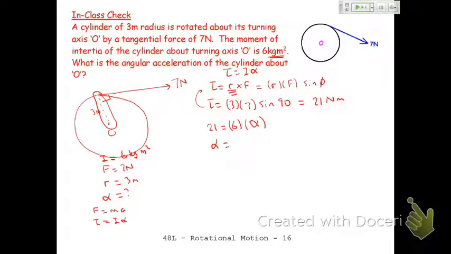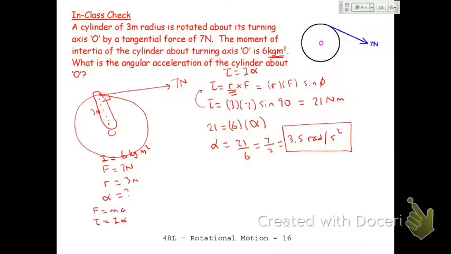So alpha is equal to 21 over 6, which equals 7 over 2, which equals 3.5, and it will be radians per second squared.